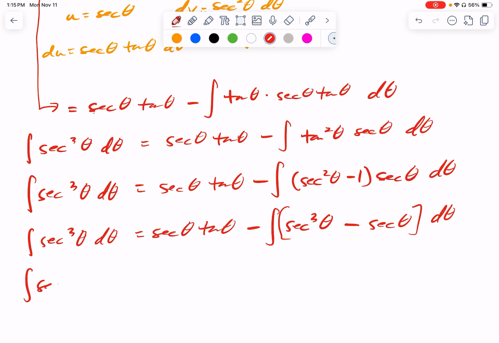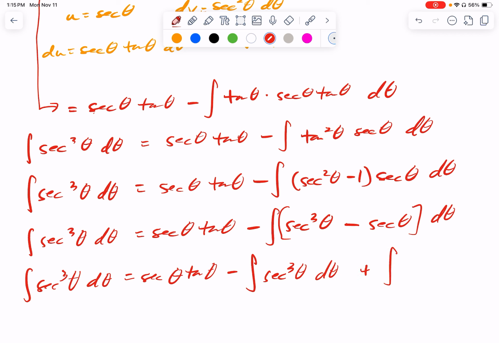So I have the integral of secant cubed theta d theta equals secant theta tan theta minus, I'm going to break these up, the integral of secant cubed theta, and then plus the integral of secant theta d theta. Now, what we're going to notice is we have secant cubed theta on both sides.